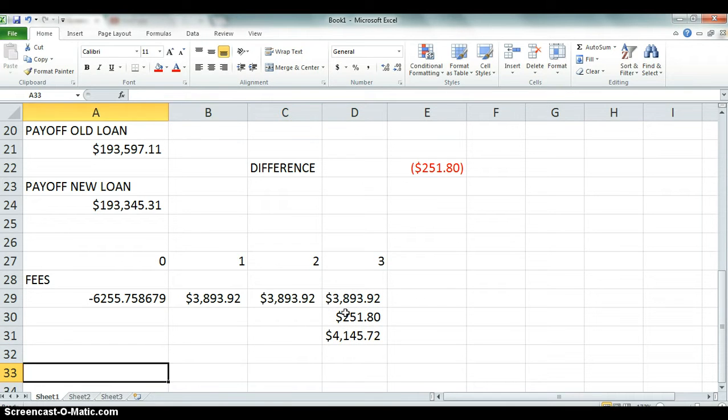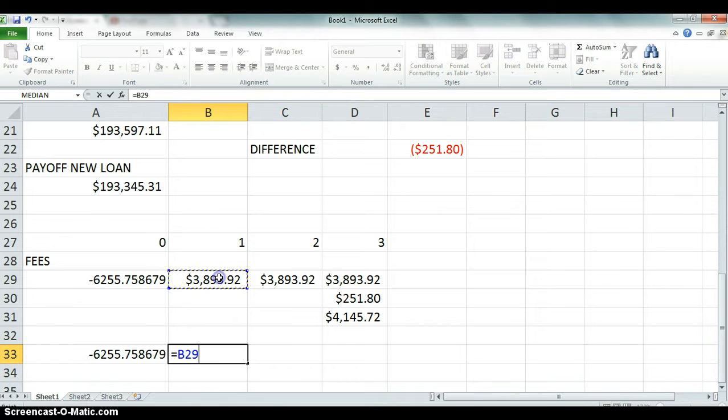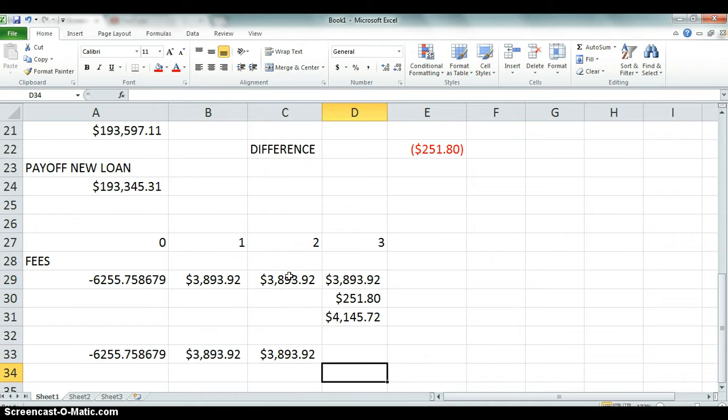Now we have all we need to be able to do our analysis of cash flows. So for our cash flows, we have in year 0 the fees, in year 1 we have the savings in payments, year 2 we have also the savings in payments, and in year 3 we have the savings in payments plus the difference in the payoff.